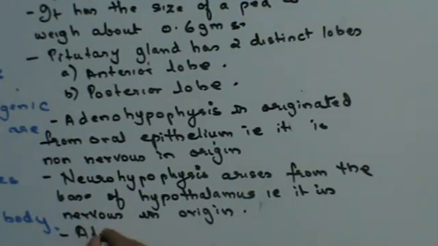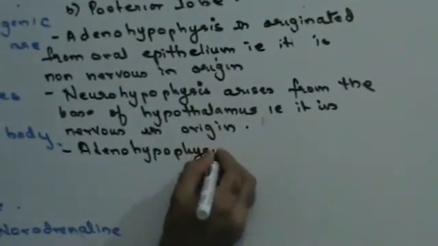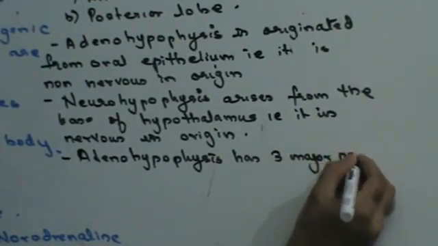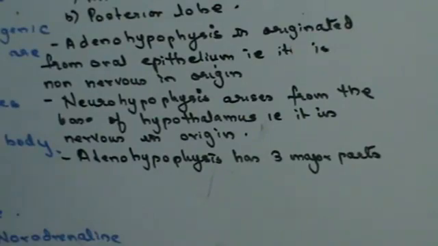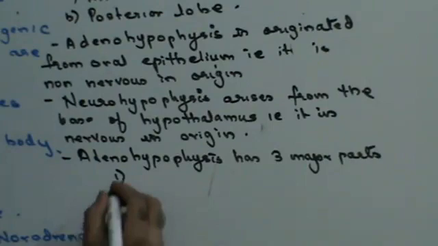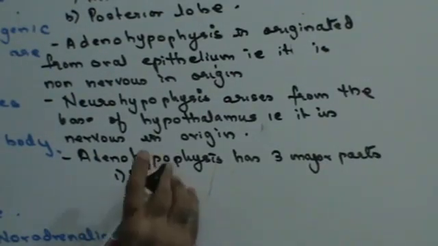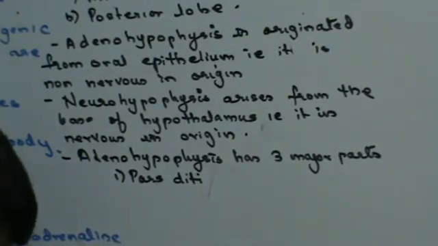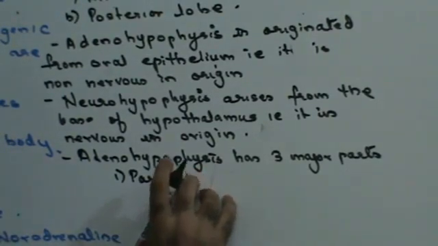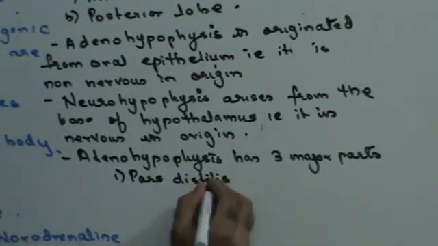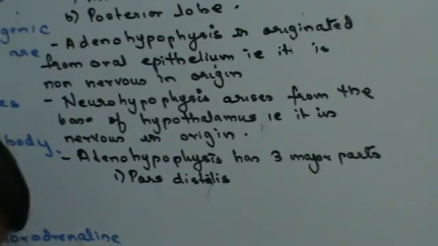The adenohypophysis has three major parts. One is the pars distalis. That's your major part and functional.